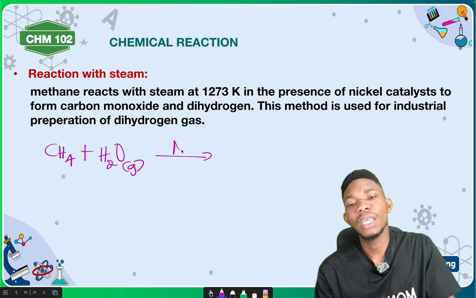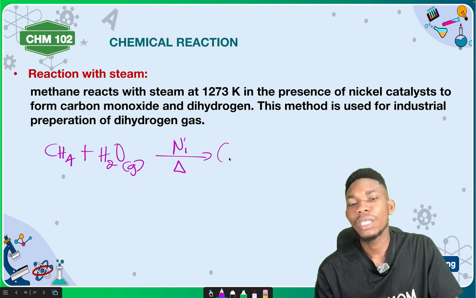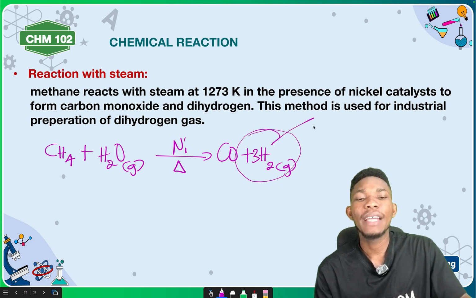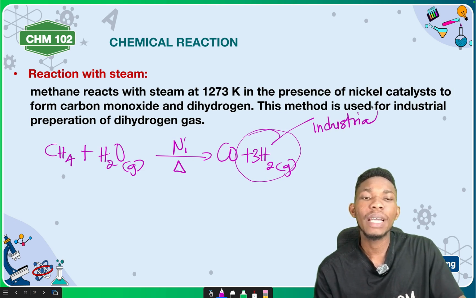In the presence of nickel as catalyst and heat, what will happen? This will form carbon monoxide plus what? H2 gas. This is used for the industrial preparation of what? Hydrogen.